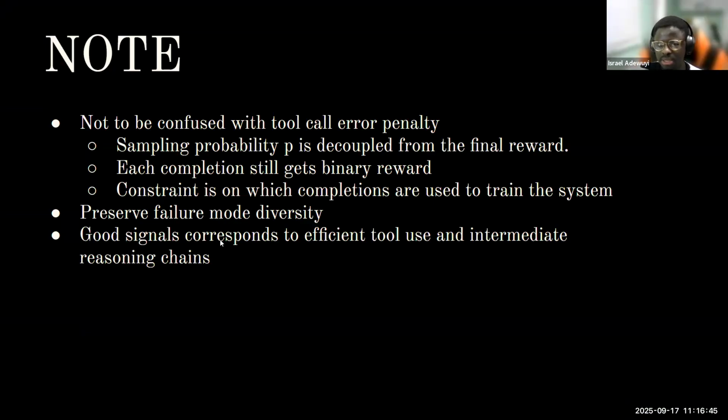But from the positive cases, they only want to train the model on the trajectories where there was efficient tool use, where the model made fewer errors when calling tools. I guess this is what the authors are trying to reinforce with the RoC method specifically.